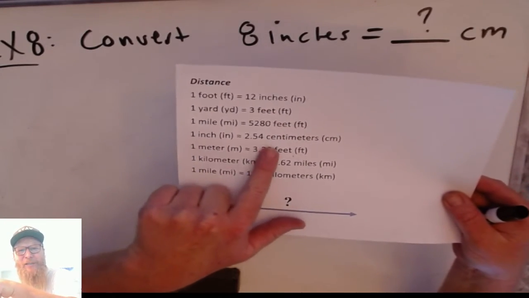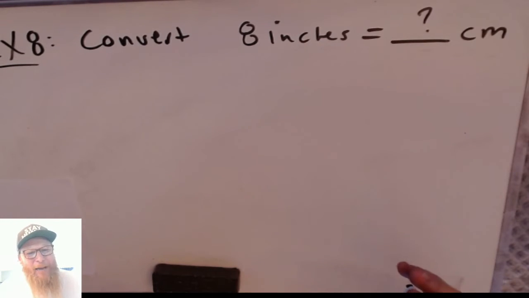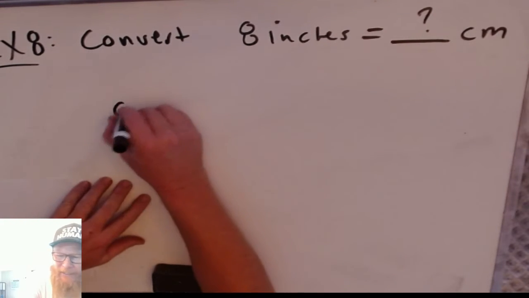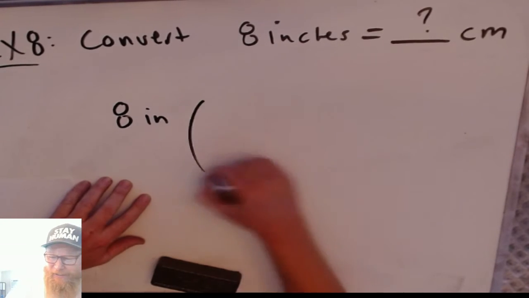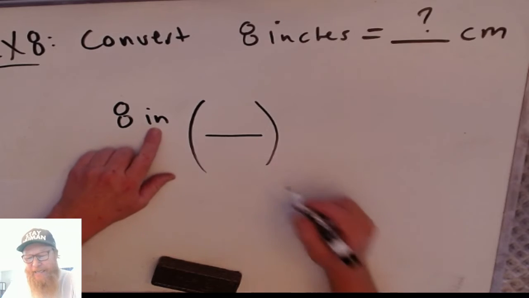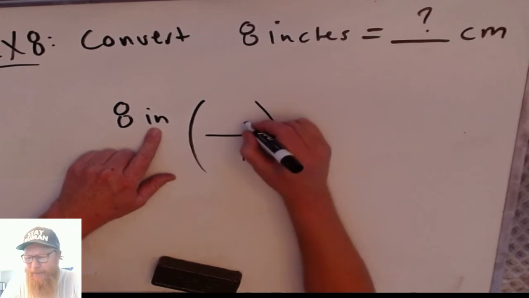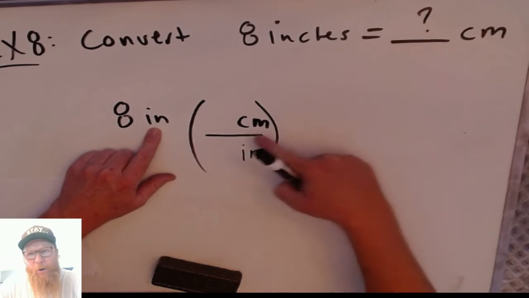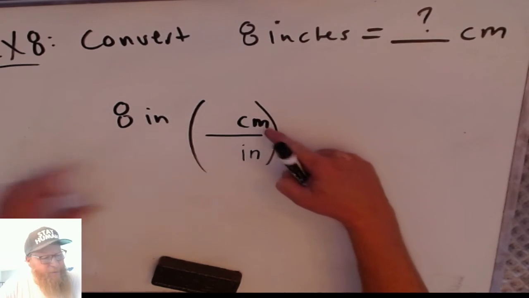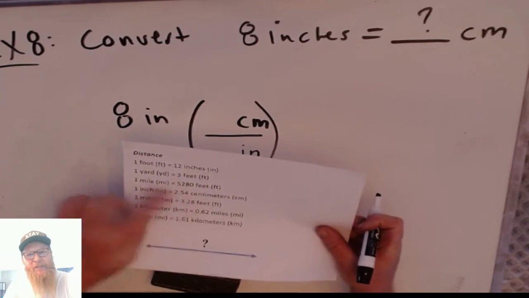1 inch is 2.54 centimeters. That's probably how I keep screwing up the camera, by holding it up like that. So I've got 8 inches multiplied by a unit fraction. I'm trying to get rid of the inches, right? Centimeters is what my goal is, so that goes in the numerator. Look on your conversion sheet, 2.54 centimeters.